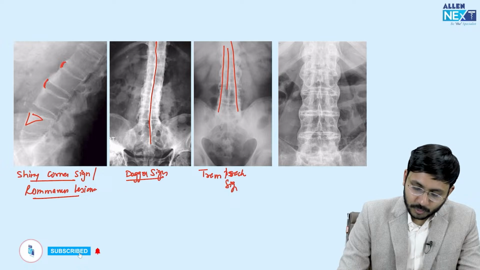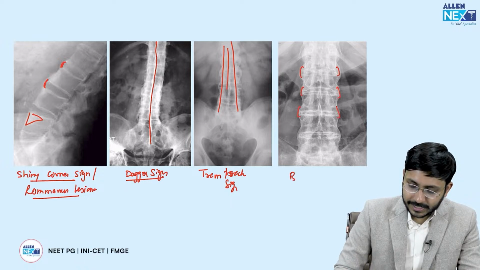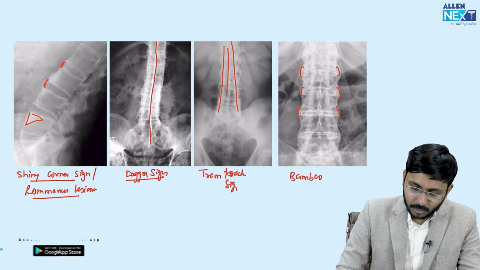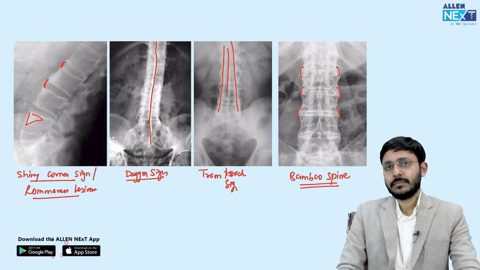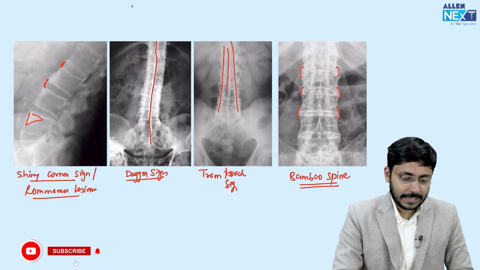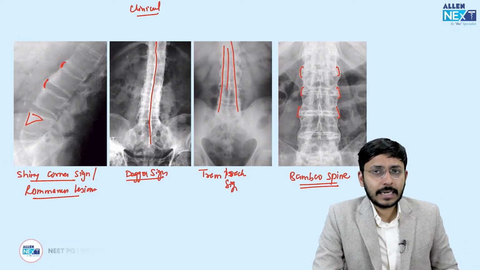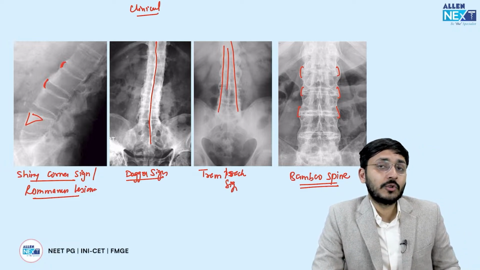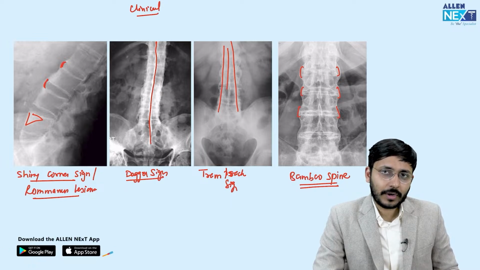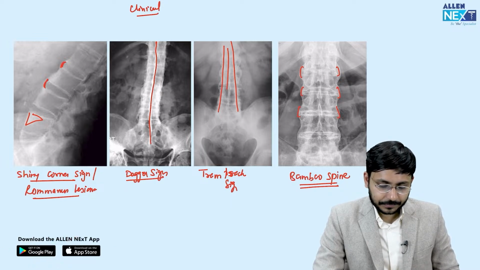And if there is fusion of the whole spine through syndesmophytes, then finally it forms a bamboo spine. Now, what is the test that we do, a clinical test that we do for ankylosing spondylitis? Tell me. Yes, it's a modified Schober's test that we do for ankylosing spondylitis, right?